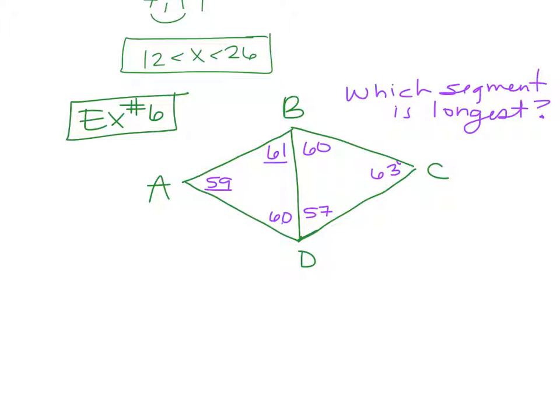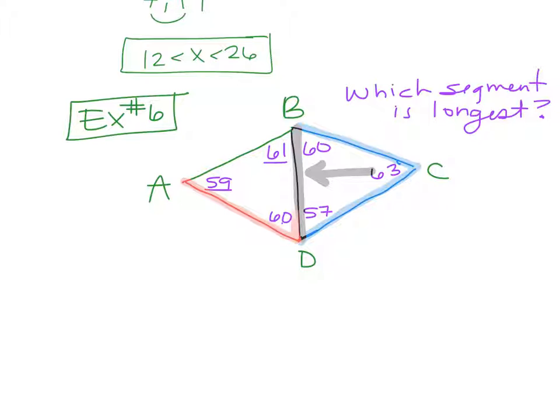Let's treat them as separate triangles real quick. In this triangle, what segment is the longest? BD, right? Across from the 63, that is the longest side on that triangle.